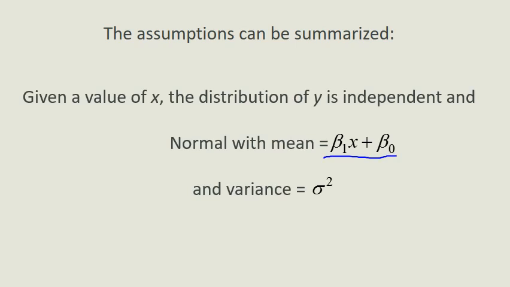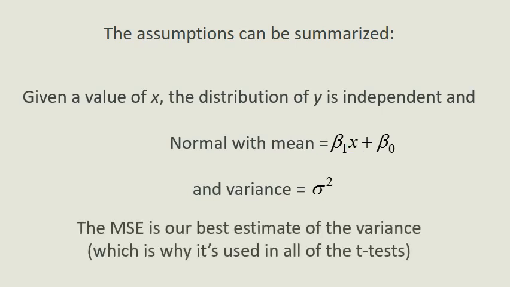We would plug in the x value into this line equation to find the mean of the distribution. And then it has a variance of sigma squared. So all 4 assumptions can be simplified into one statement about a normal distribution. And the MSE from the ANOVA table is still our best estimate of sigma squared.